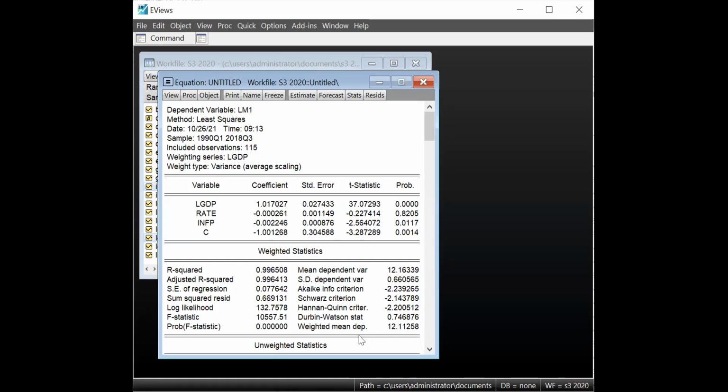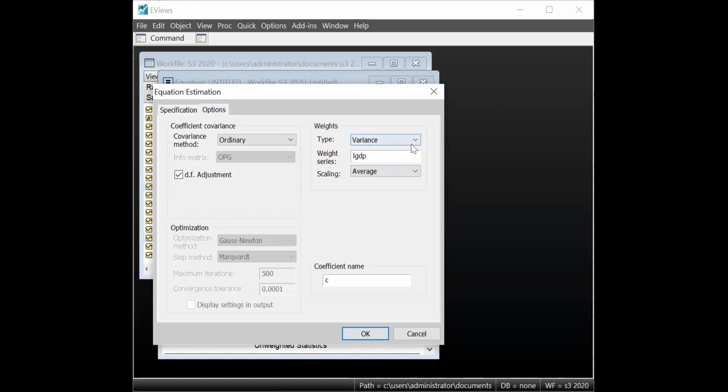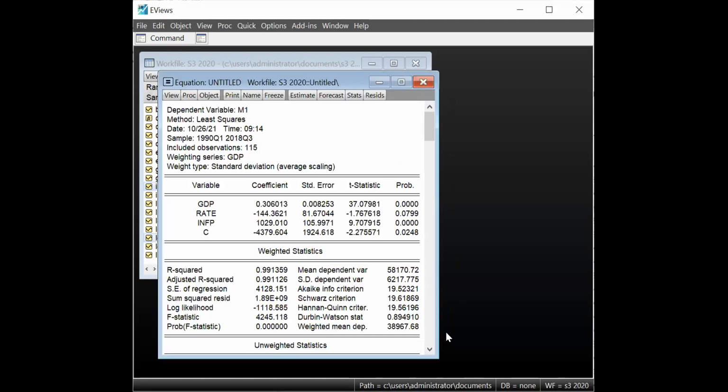That means the best model is the one in terms of nominal, and the option is weighted here, with standard deviations. The previous one is the best model in our estimated demand for money.